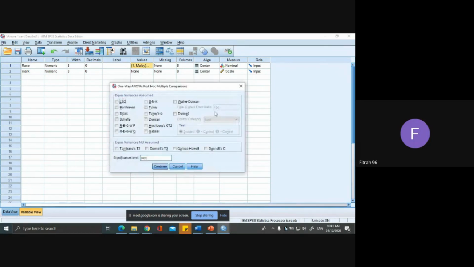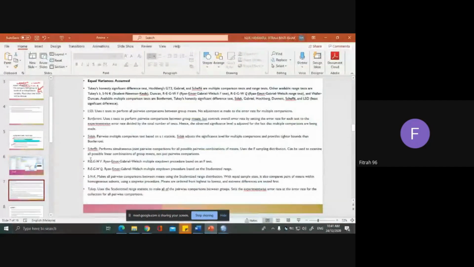Post hoc includes LSD, Bonferroni, Sidak and so on. Usually we use post hoc Tukey. What is post hoc Tukey? Tukey is this one.